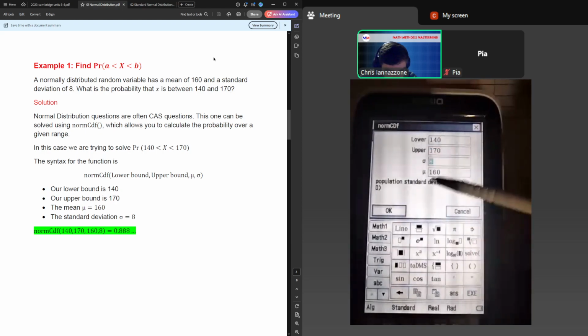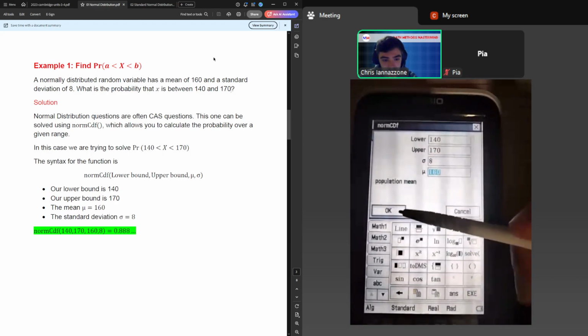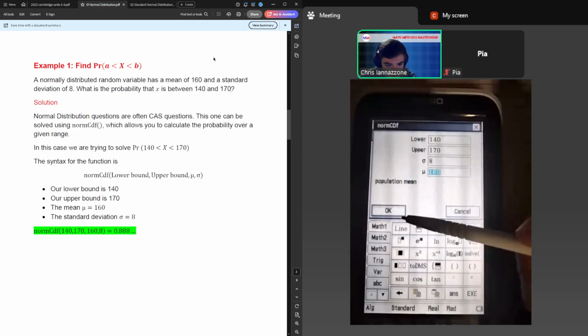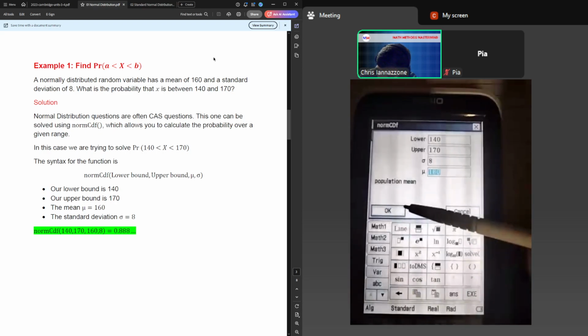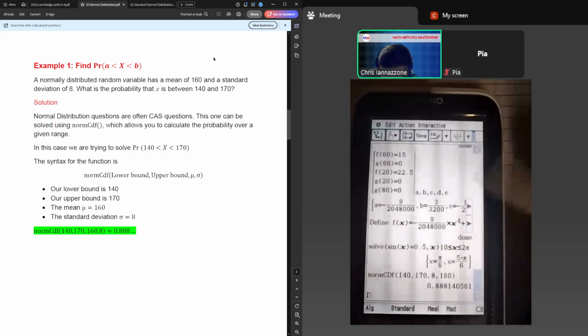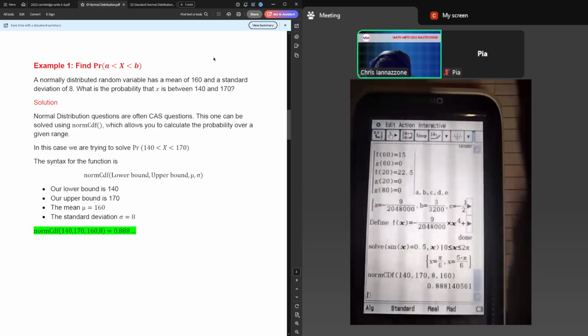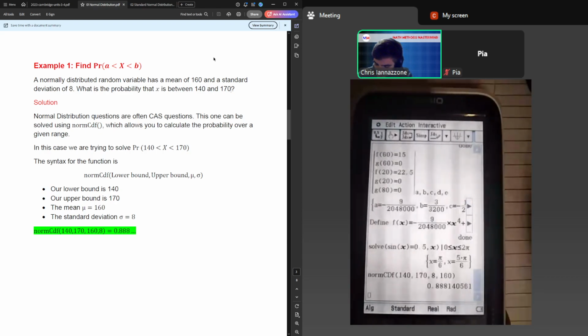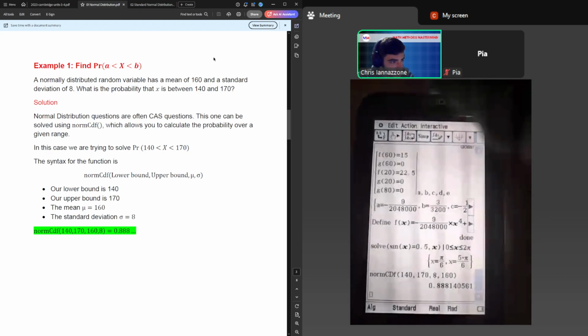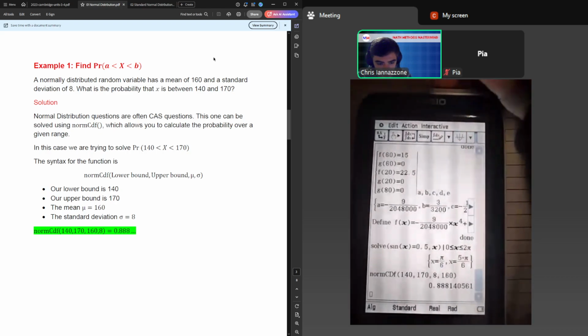This one down here, population standard deviation. That's a pretty technical term, but it just has little descriptions for how you go about it. And so hit OK, and you get the same result. Yeah, that's that. Any questions on how to find a range of probabilities?